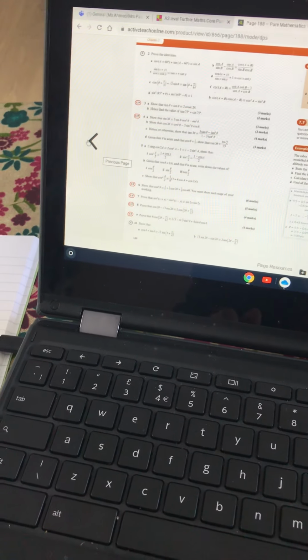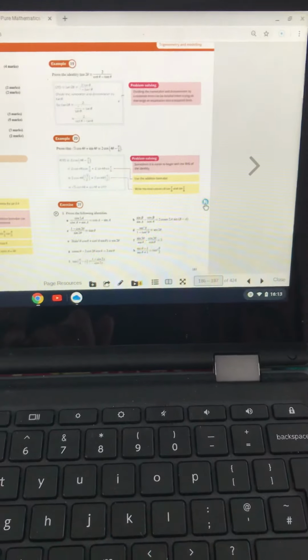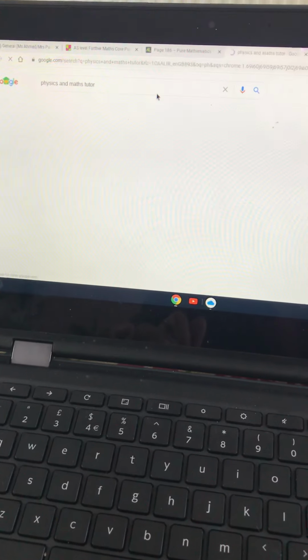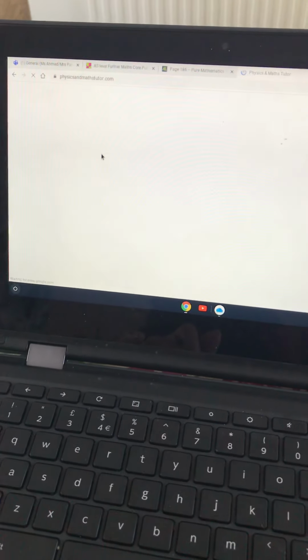Some of you are asking me, well, how do I check the mark scheme? There's 2 ways. You can either click on this little icon here. Okay, there's your solution bank. There's your mark scheme. Or you can go to physicsandmathstutor.com. So physics and maths tutor, bring it up. It's not hard.